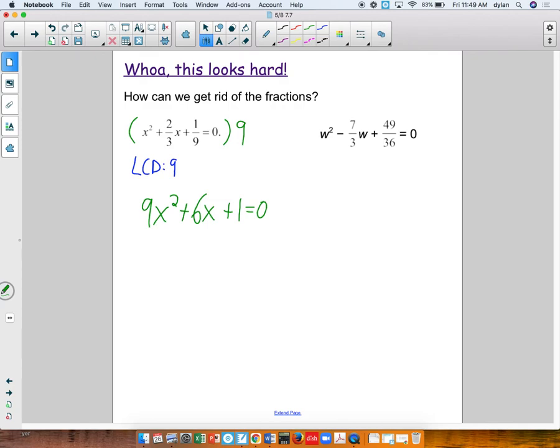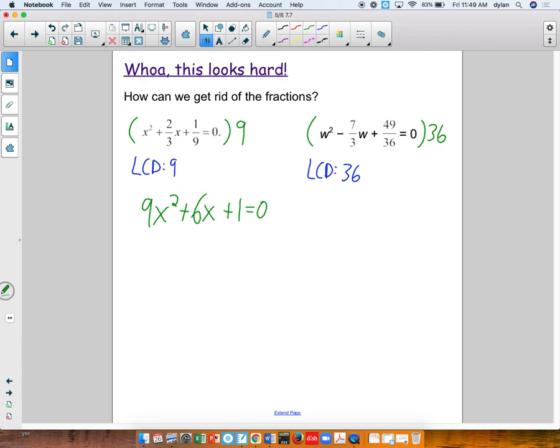Now, the same thing is true if we fraction bust for the other one as well. So w squared minus 7/3 w plus 49 over 36. The least common denominator here would be 36. So we would multiply the whole thing by 36.